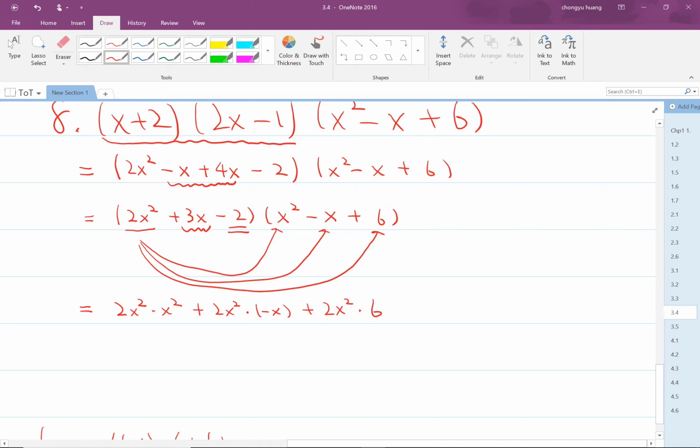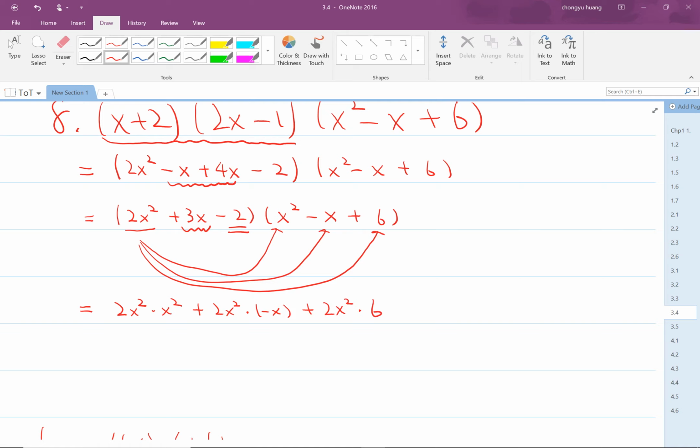And that's just one term. So we also have to multiply the same thing for 3x and -2. Basically we have to do it over here.